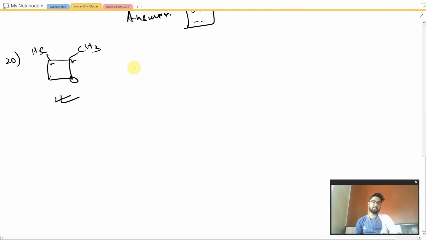The next compound that is given is Ph, OH, CH, triple bond, CH, OH, Ph, CH3. Here also this carbon and this carbon are chiral. They will be having the RS designation, and therefore would be showing stereochemistry.